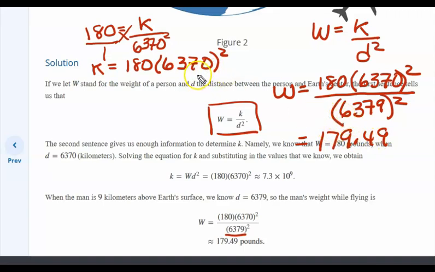So again, a little further away from the center of the Earth, the person's weight gets less. I've often seen examples where they're talking about on a space flight or in the space station, how much would someone weigh?